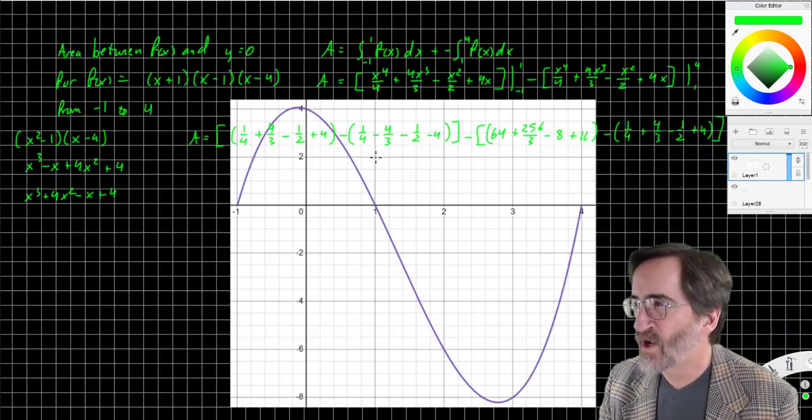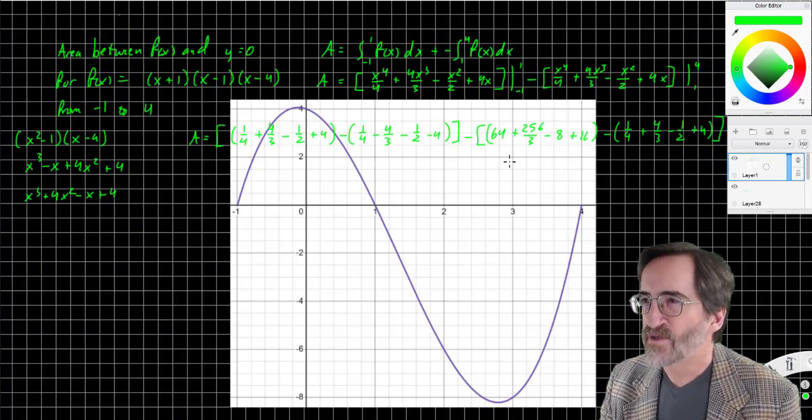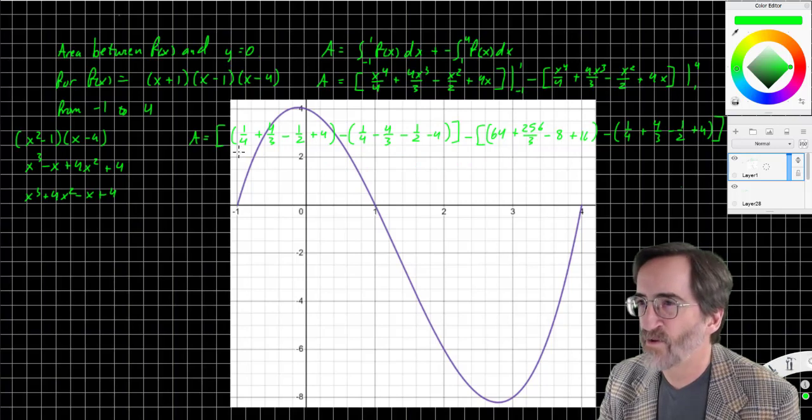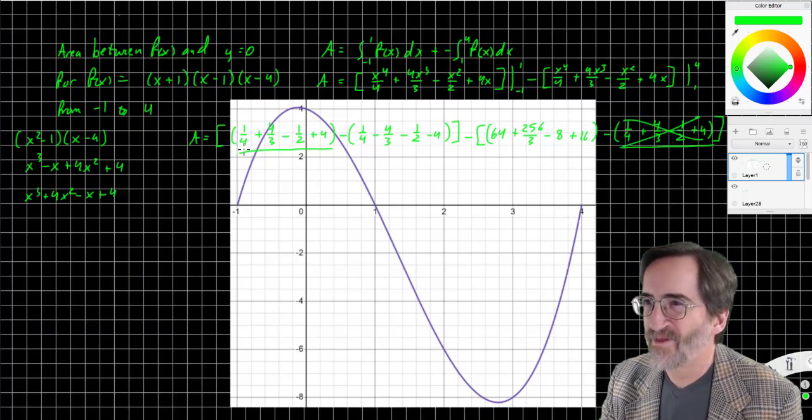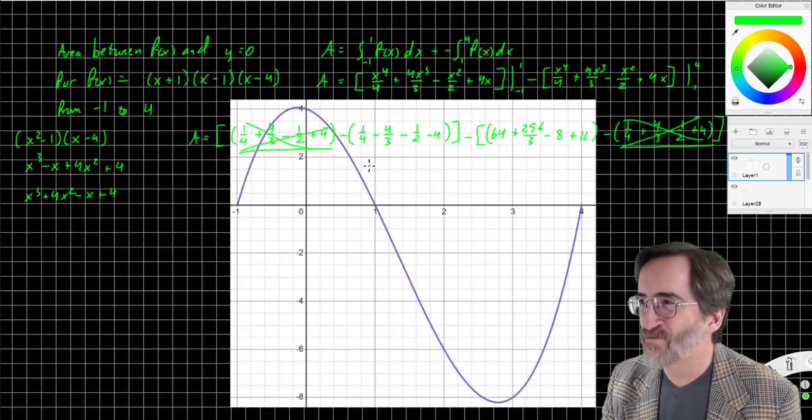Interesting, by the way, that these are the same because they are the same boundaries. This one is the same as this one, and this one is positive, and this one's got a negative in front, and so they cancel out. So look for areas you can simplify like that.